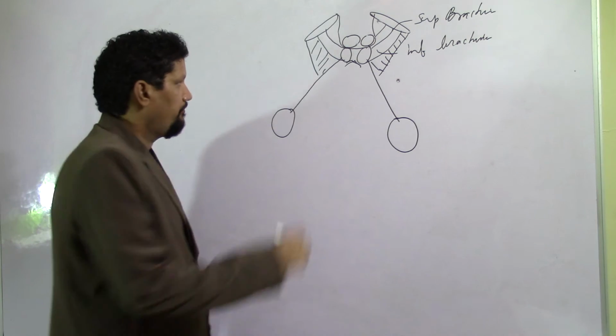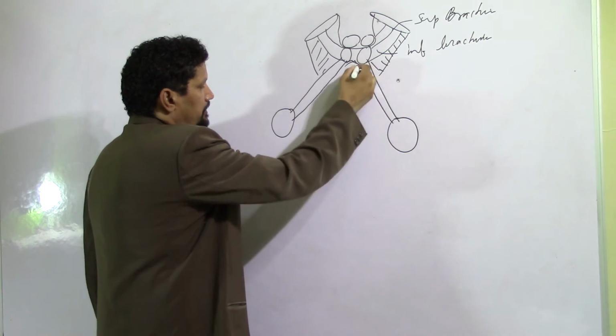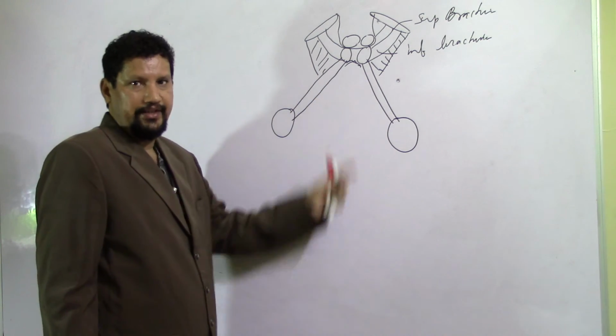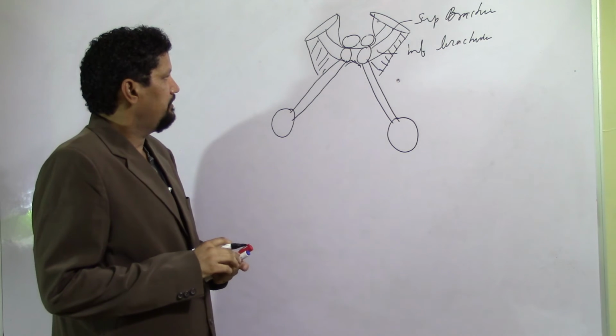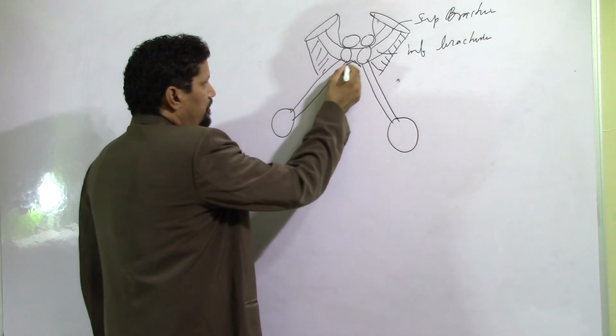And here is the upper lateral part of the fourth ventricle formed by the superior cerebellar peduncle, and here is the frenulum veli.